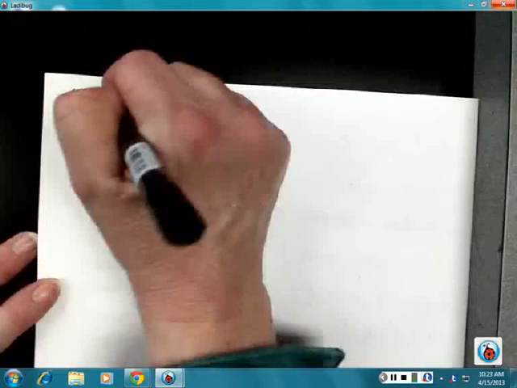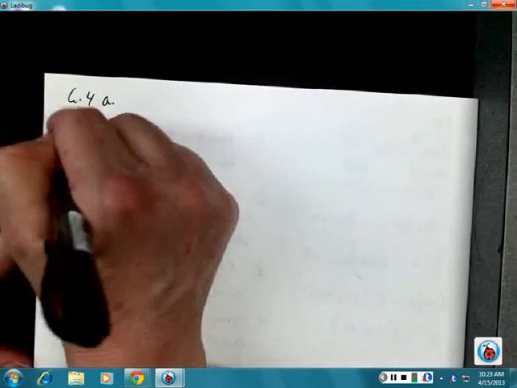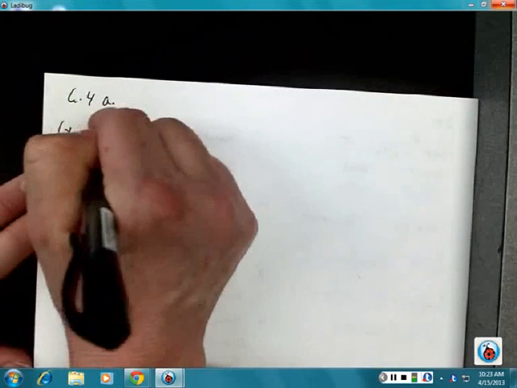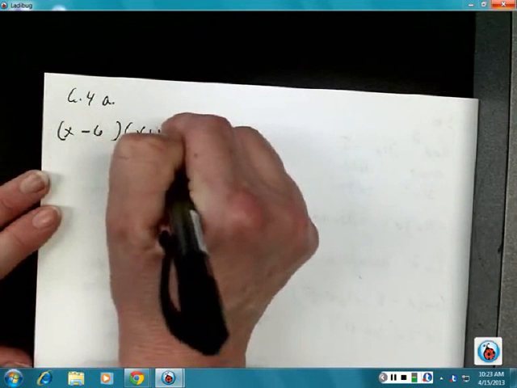6.4A is looking at special things to factor. And the most of the special variety is where, back in chapter 5, we had things like x minus 6 times x plus 6, and we multiplied those out. What did we get if we FOILed that?